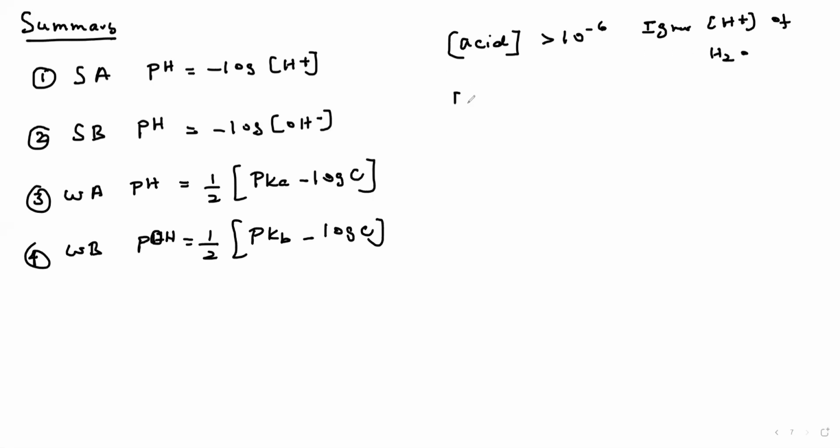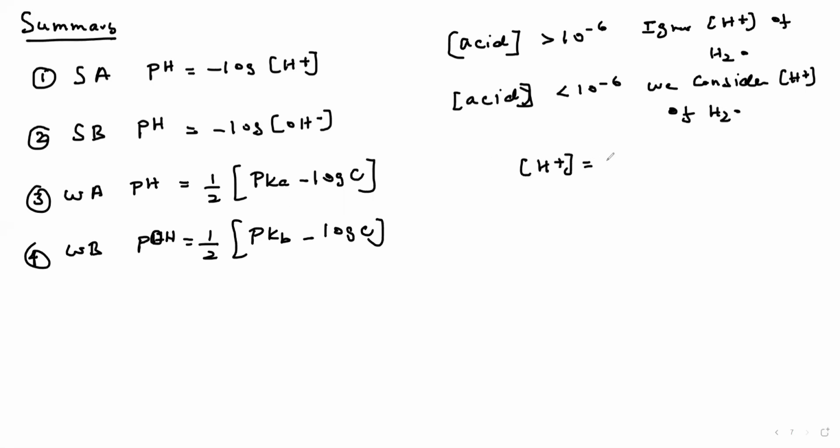But if the concentration of acid is less than 10 power minus 6 molar, we consider the H plus concentration of water. We know very well that the H plus concentration is 10 power minus 7, and the OH concentration is also 10 power minus 7. I hope you understand.